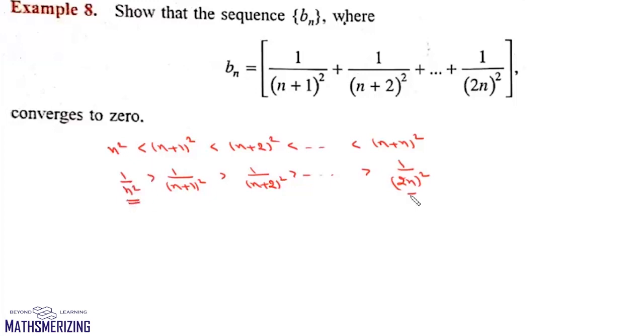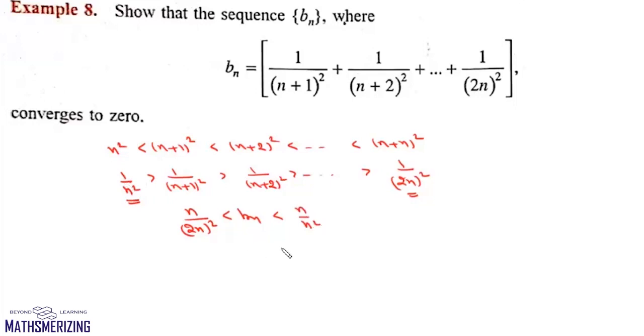Now using these two extreme values, we can say that for all these n terms, the smallest value is 1 upon (2n) square. So it will always be greater than n upon (2n) whole square, and its maximum value is 1 upon (n plus 1) square, which is less than 1 upon n square. So it will be less than n upon n square.